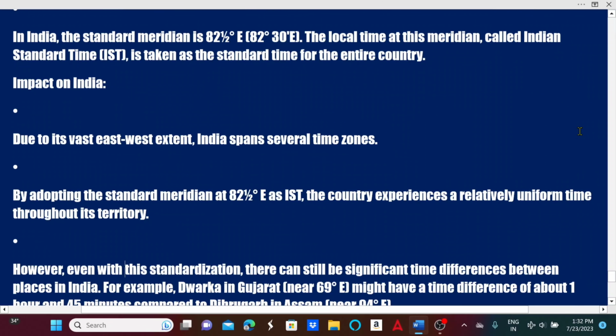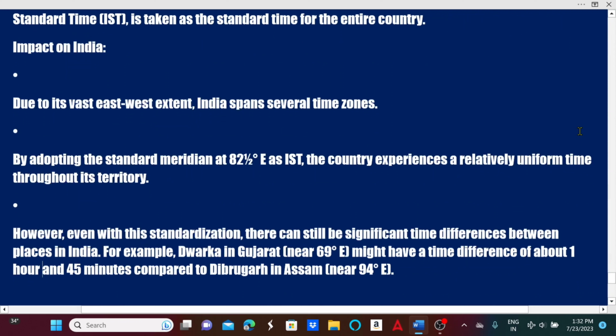However, even with this standardization, there can still be significant time differences between places in India. For example, Dwarka in Gujarat near 69 degrees east might have a time difference of about 1 hour and 45 minutes compared to Dibrugarh in Assam near 94 degrees E.